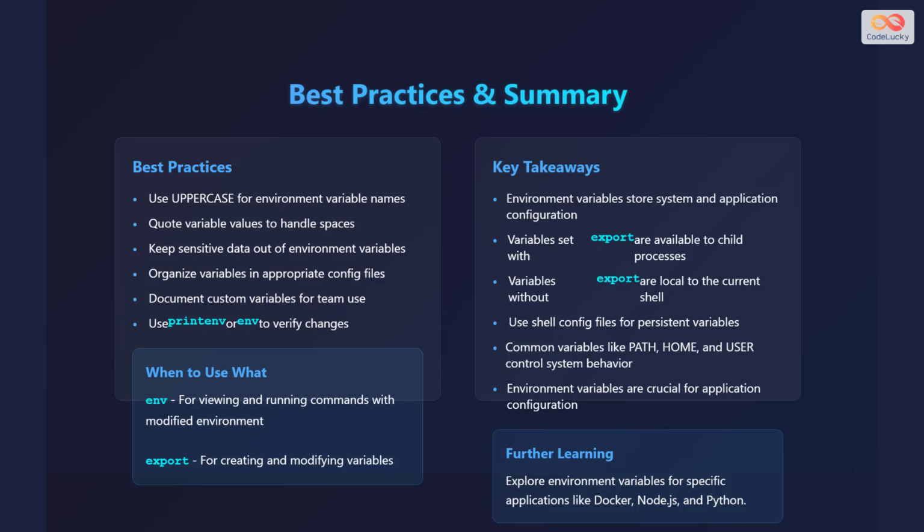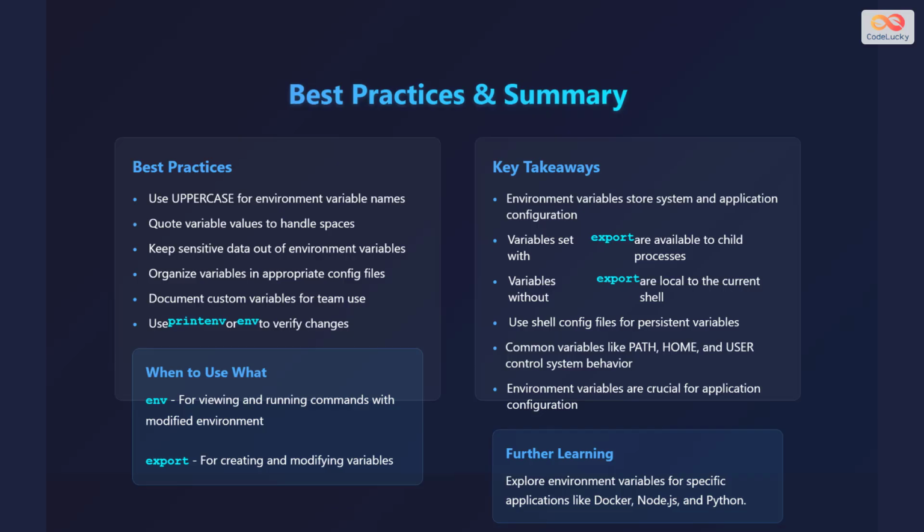Here's a summary of when to use which command. Use env for viewing and running commands with a modified environment. Use export for creating and modifying variables. Here are some key takeaways. Environment variables store system and application configuration. Variables set with export are available to child processes.